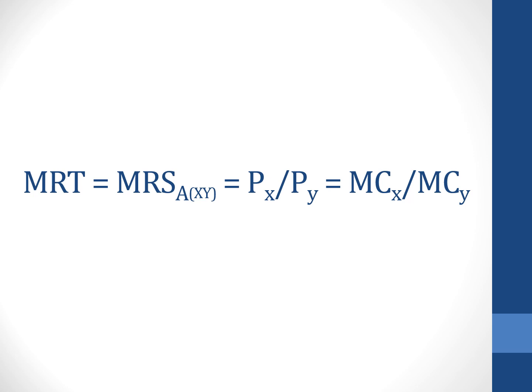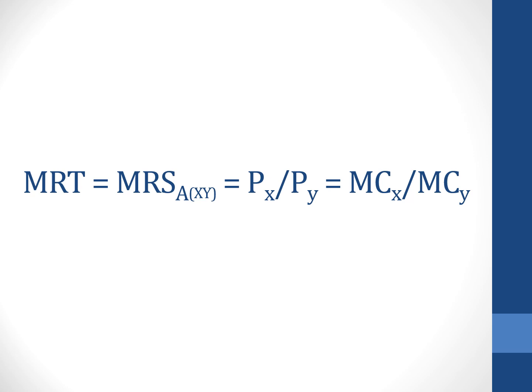From our intro to indifference curves material, we know that the marginal rate of substitution of A must be equal to the price ratio, the price of X over the price of Y. That's our overall consumer equilibrium idea. The marginal rate of substitution has to equal this price ratio. And we also know that this is equal to the ratio of the marginal costs of production. In perfect competition, we get these price equals marginal cost conditions.